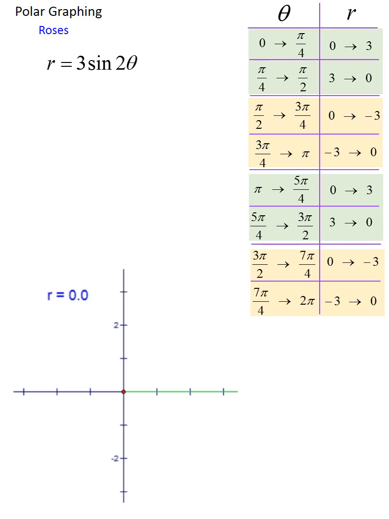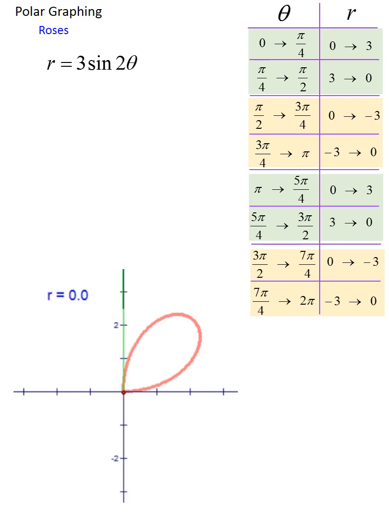You'll notice our table indicates that r is going to go from 0 to 3. So here's r going from 0 to 3 as we sweep through the first half of the first quadrant. You'll notice in the second line of our table, r is going to go back from 3 to 0 as we complete Quadrant 1. So here's r going from 3 back to 0, and now Quadrant 1 is complete.